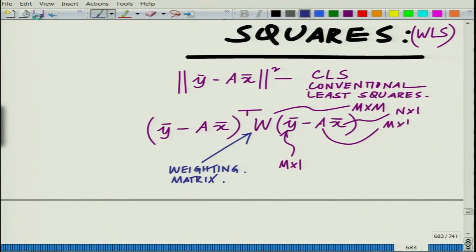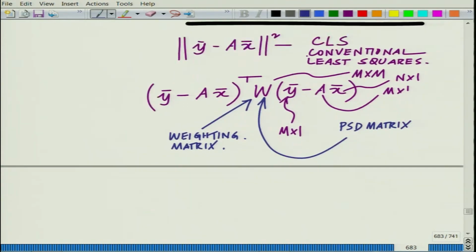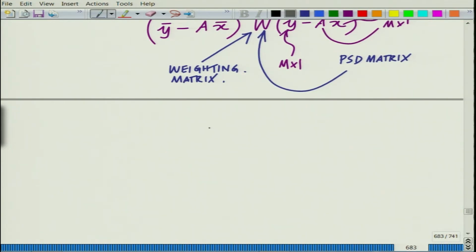This is your weighting matrix, and this W is a positive semi-definite matrix. So, you have all the properties of a positive semi-definite matrix, which implies that its eigenvectors are orthogonal, eigenvalues are non-negative, greater than or equal to 0, and so on and so forth. In fact, every positive semi-definite matrix we have seen can be decomposed as W half transpose into W half.